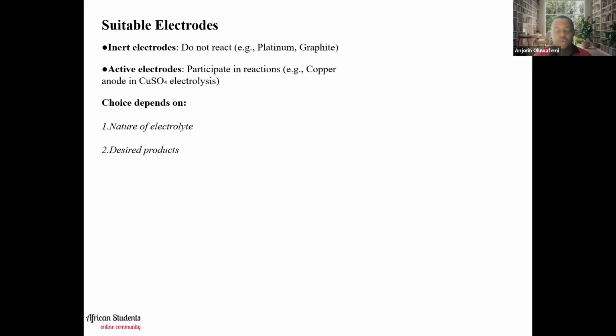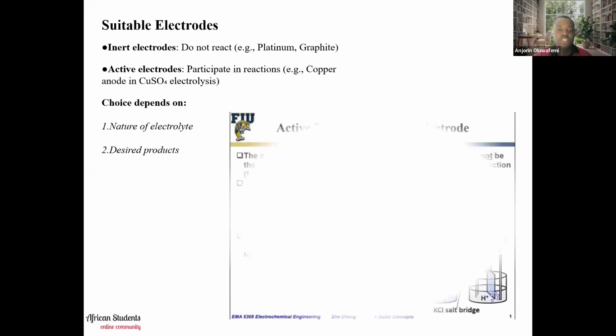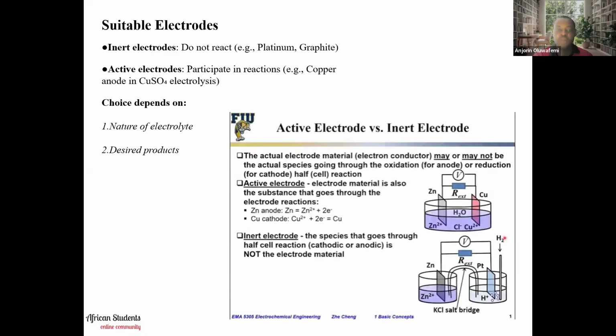So we choose a particular electrode that we know its interference will favor the deposition of that targeted substance at either the cathode or the anode, as the case may be. So the desired product is another factor that comes to bear. Let's be mindful of that.